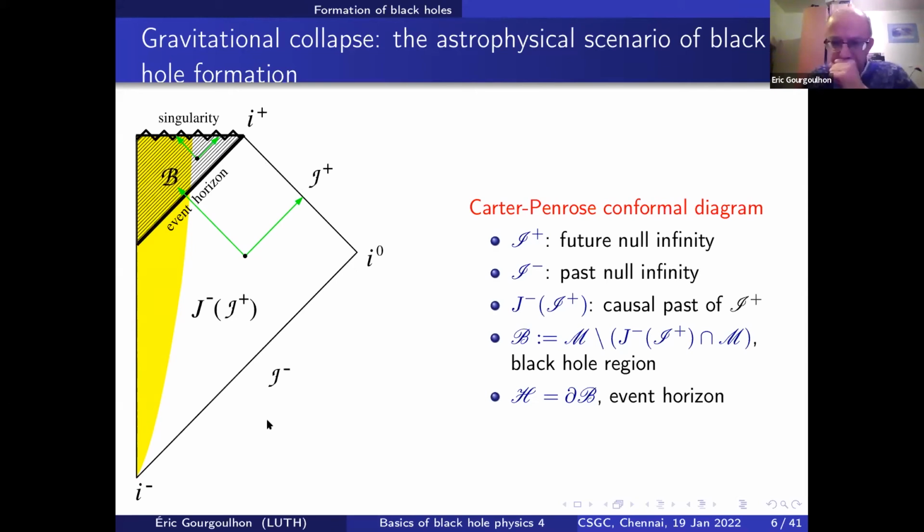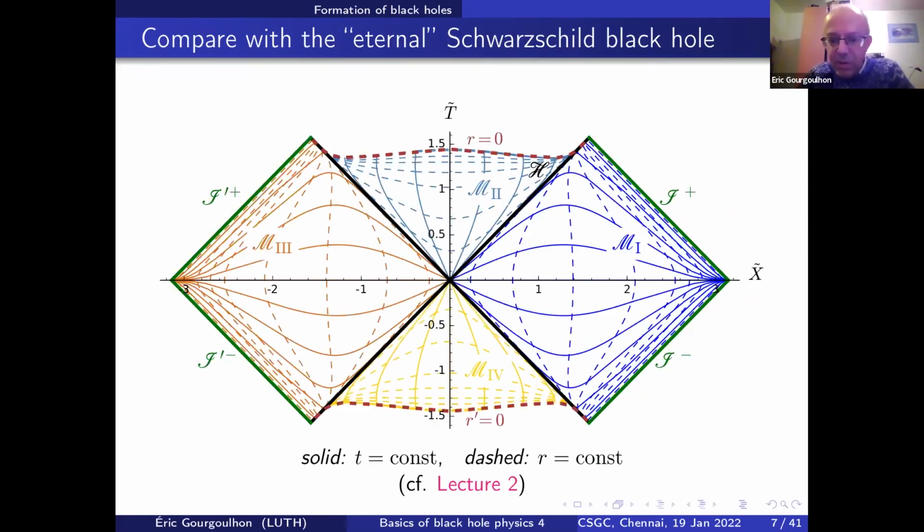It is interesting to contrast this diagram with the Carter-Penrose diagram of the Schwarzschild spacetime that we obtained yesterday, which we discussed yesterday. So this is the diagram of a so-called eternal black hole, because this is a black hole which is here forever.